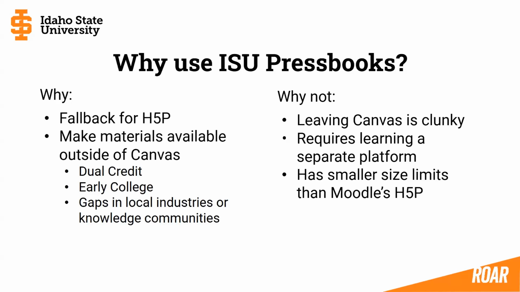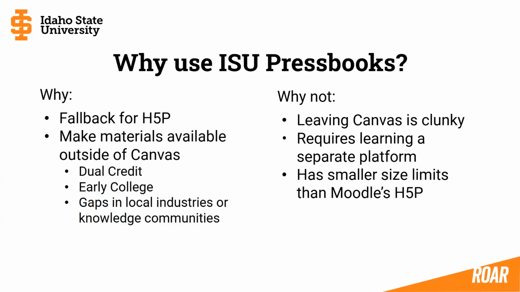It also has smaller size limits on the H5P activity than Moodle has, and that's not something that we can control for ISU Pressbooks, unfortunately. So even if there is one that's ideal, it may not still come over into ISU Pressbooks effectively.